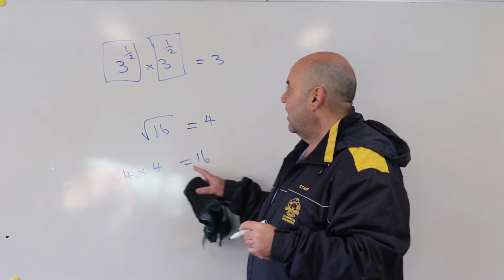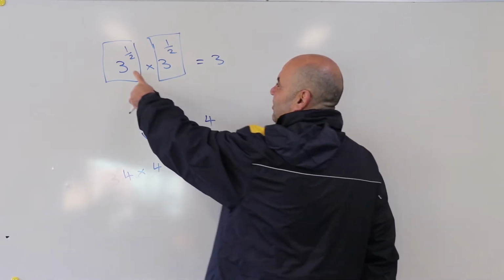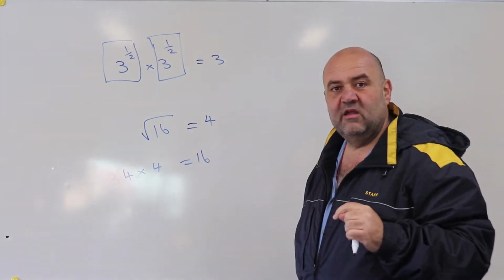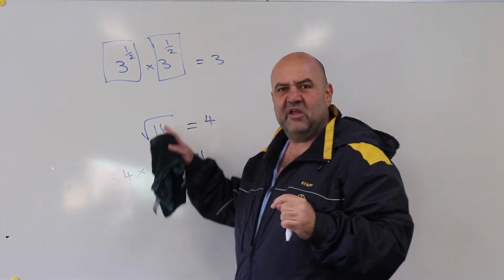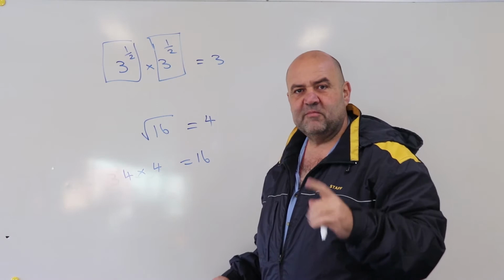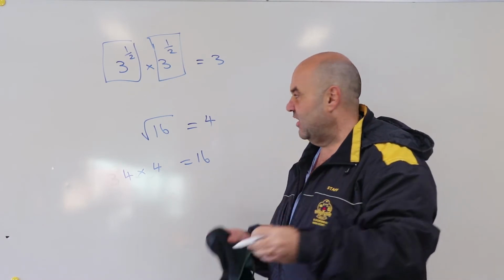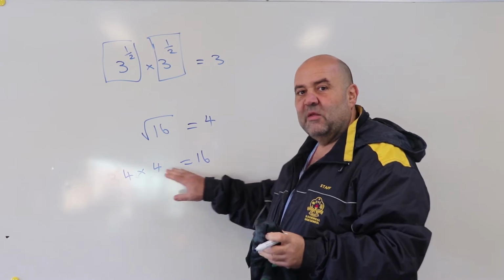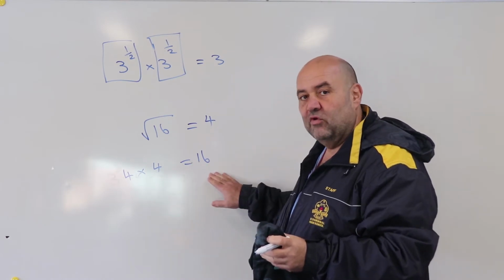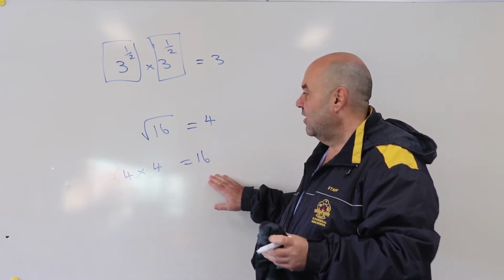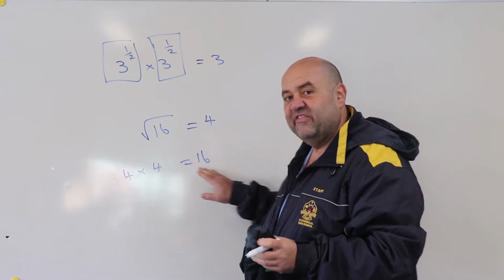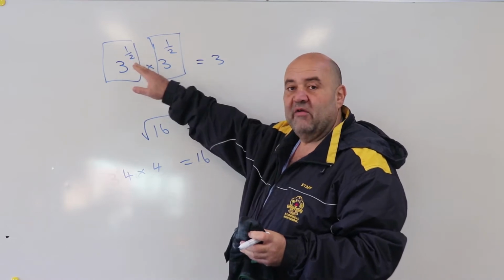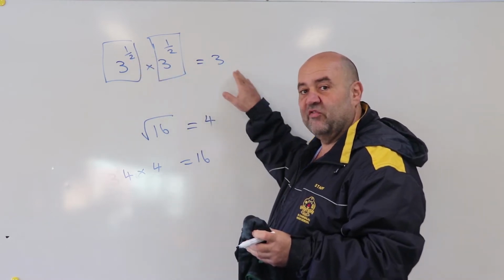Okay. So if 3 to the half times 3 to the half equals 3, that means that 3 to the half is the square root of 3. Let me go over that again. If 4 times 4 is 16, that means that 4 is the square root of 16. 3 to the power of a half times 3 to the power of a half equals 3.